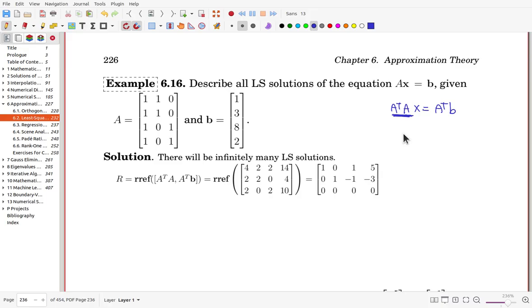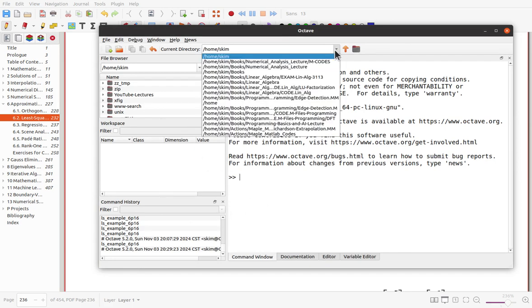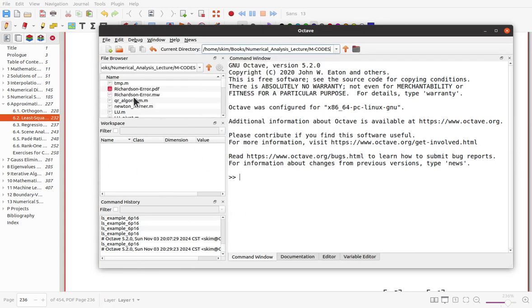For this problem, we'll have infinitely many solutions. Okay, let's look at the code. Read it in MATLAB, and I'll use Octave.